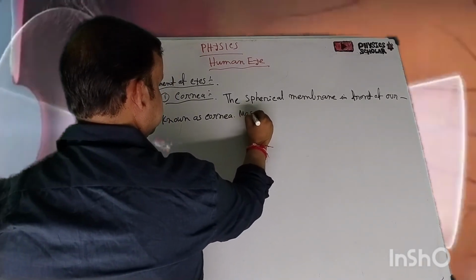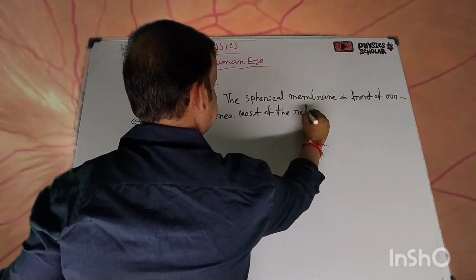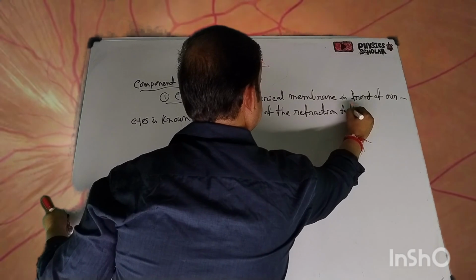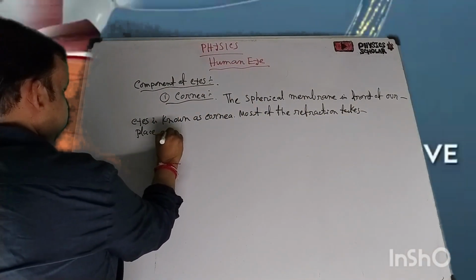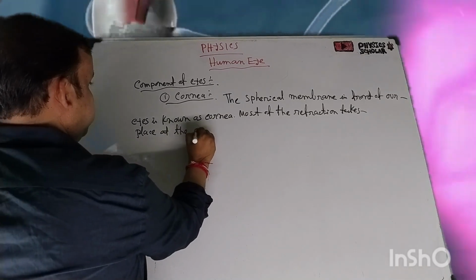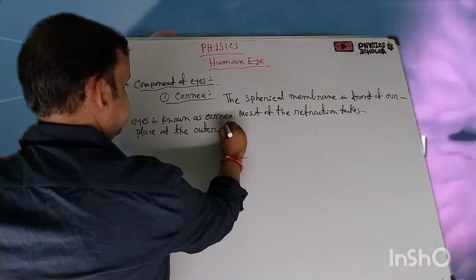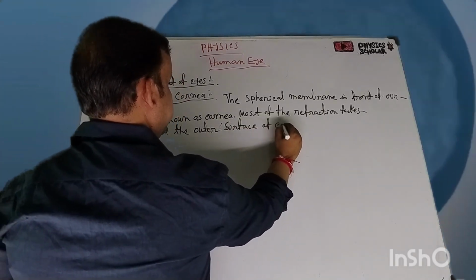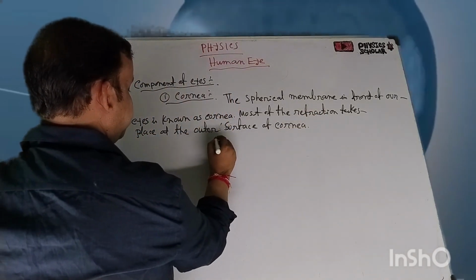Most of the refraction takes place at the outer surface of the cornea.